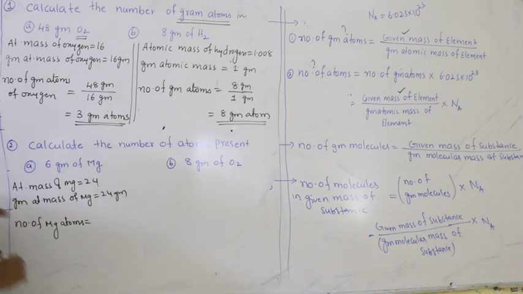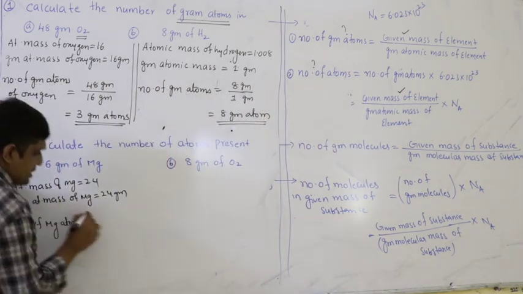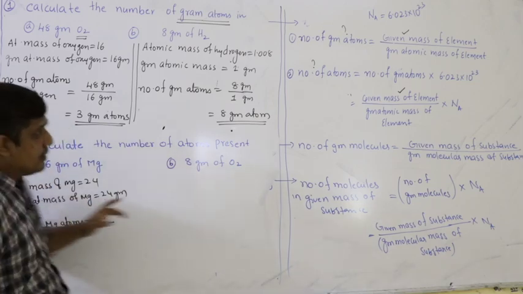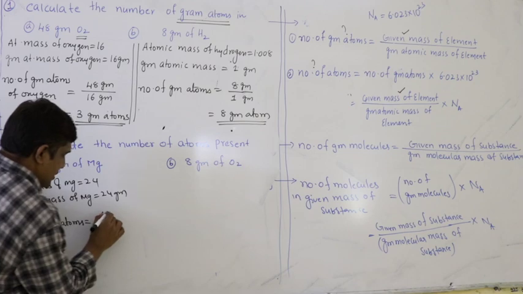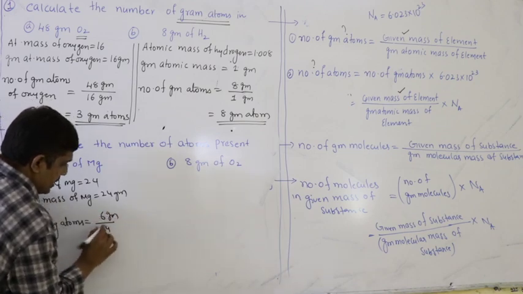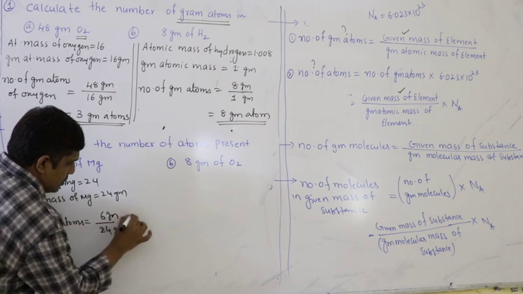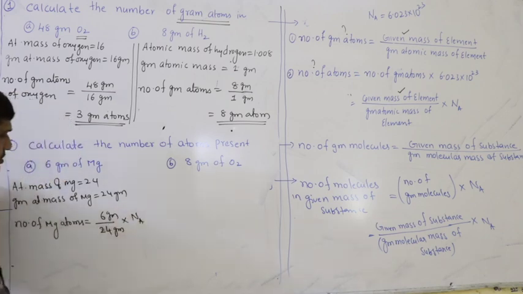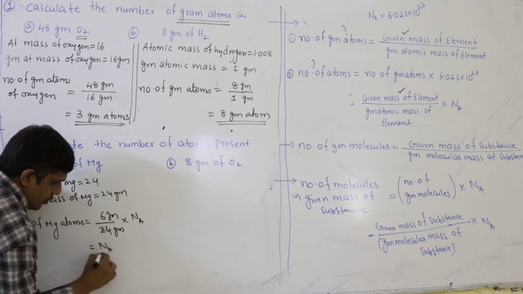Now let us find the number of magnesium atoms. Given mass of the element, 6 grams, by gram atomic mass of the element, 24 grams, into Avogadro number. So 6 by 24 is 1 by 4. So Na by 4.